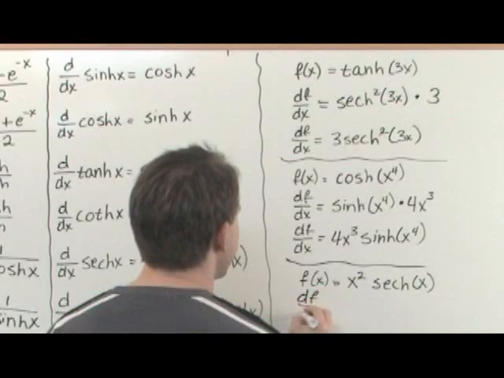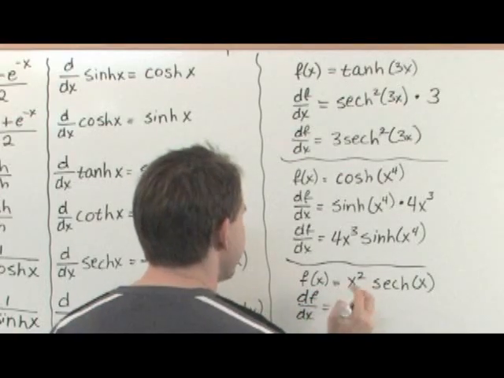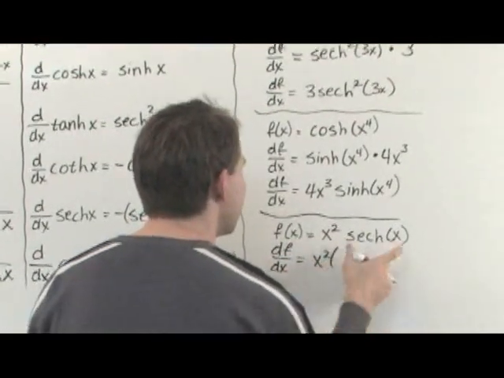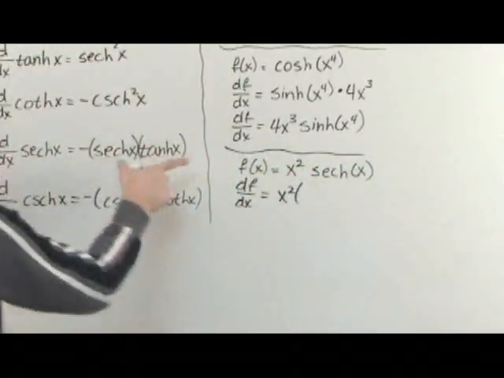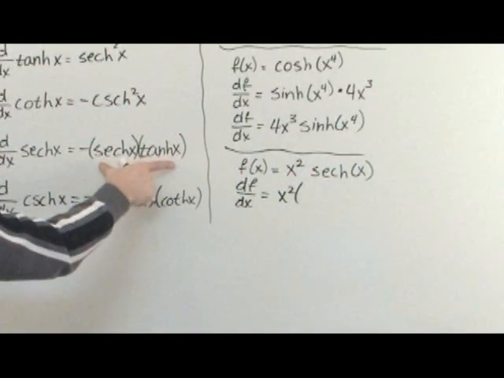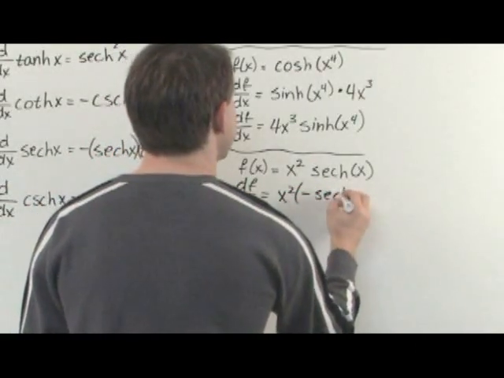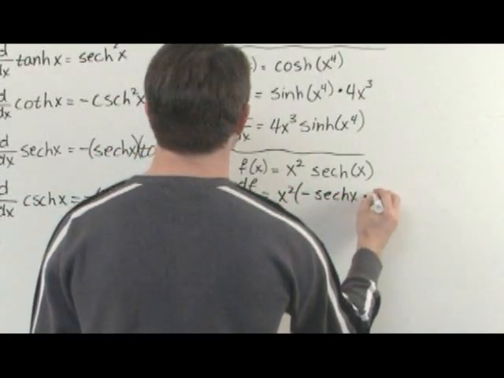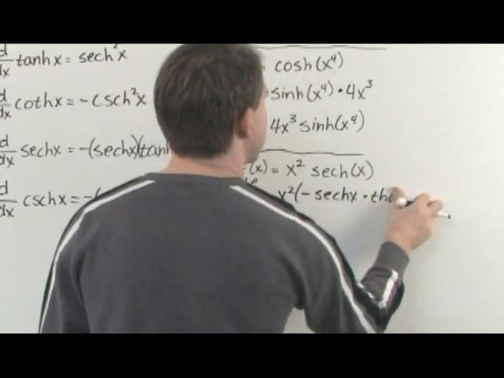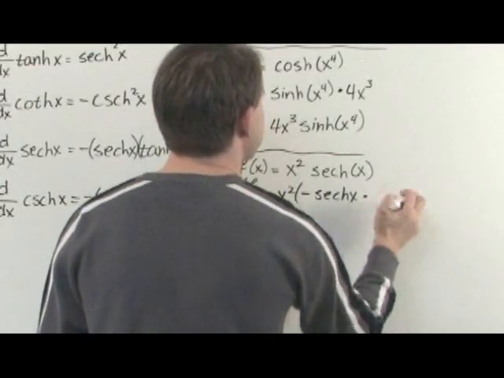So df dx is just going to be the first function, x squared, times the derivative of the second, and we already found out that the derivative of the second was this right here, so we just plug it in. Negative hyperbolic secant x times hyperbolic tangent of x.